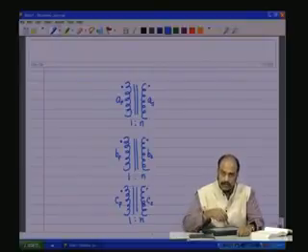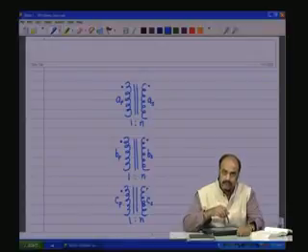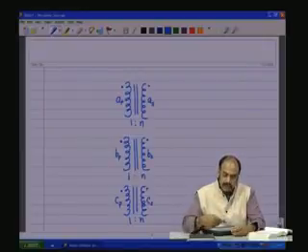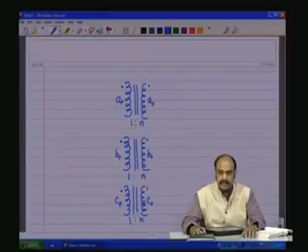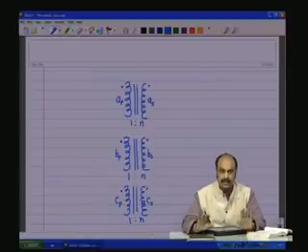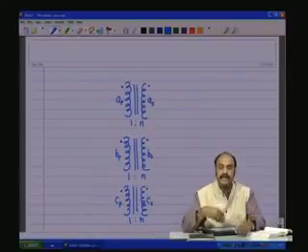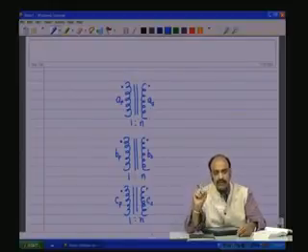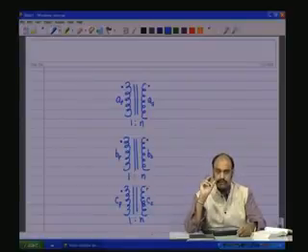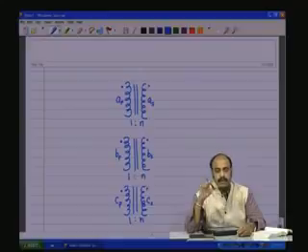Now, all the non-idealities of the practical single phase transformer are also applicable to each of these three single phase transformers. However, for the conceptual understanding of the three phase transformer, we shall not include these non-idealities in our discussion now, but keep in the back of the mind that all practical transformers will have non-idealities like the core loss, a finite magnetizing inductance, that is the magnetizing reactance Xm.